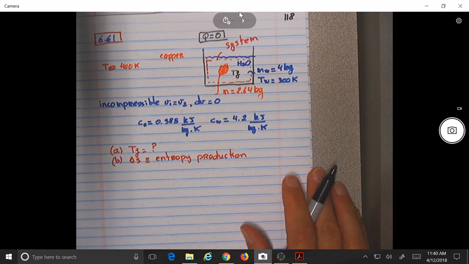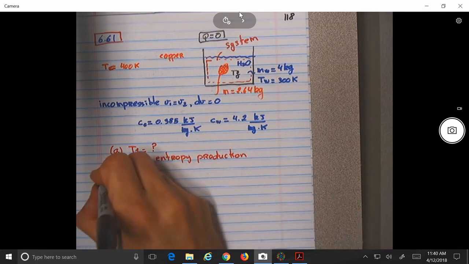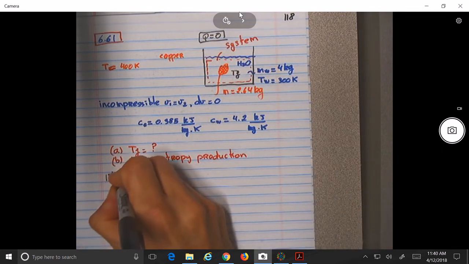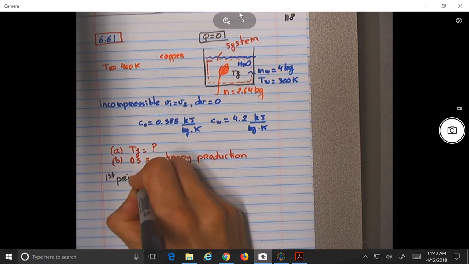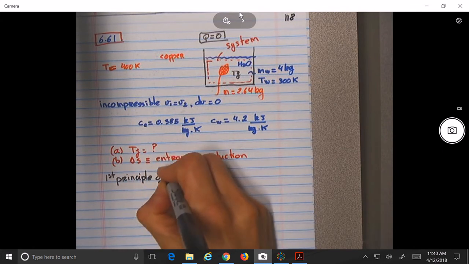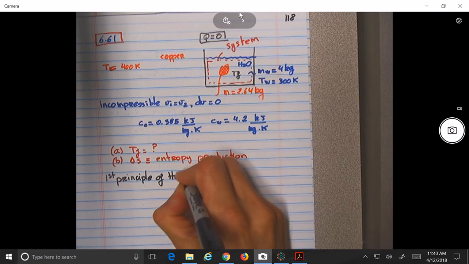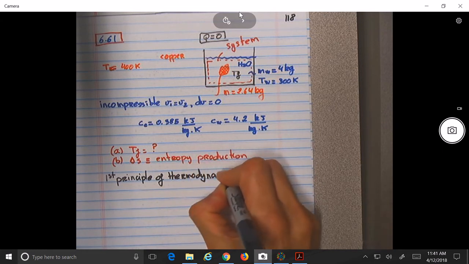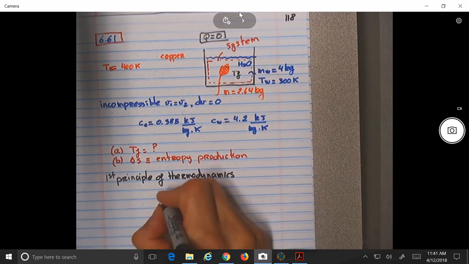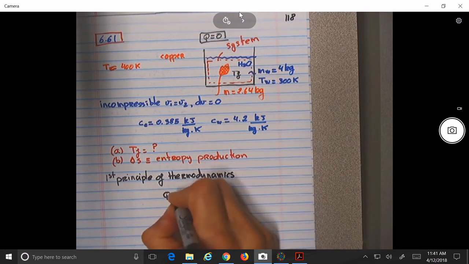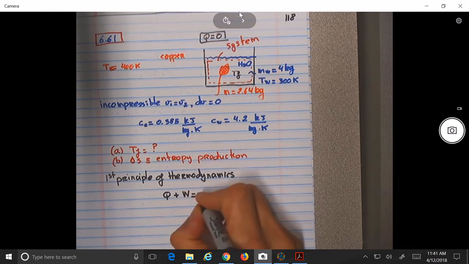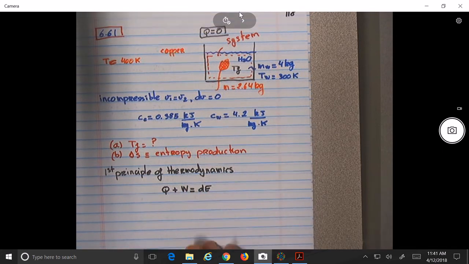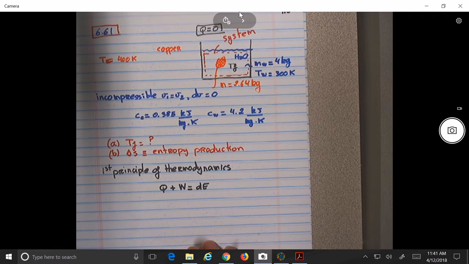So over here for part A, what we could use is the first principle of thermodynamics. What is the equation? Heat plus work equal to change in energy, no?